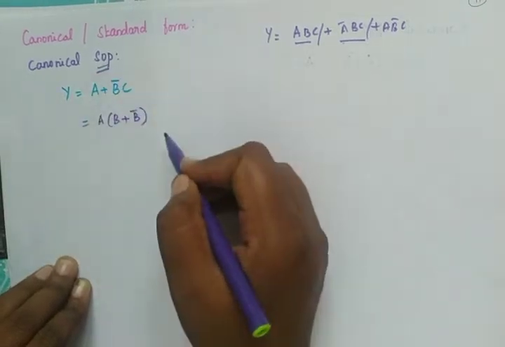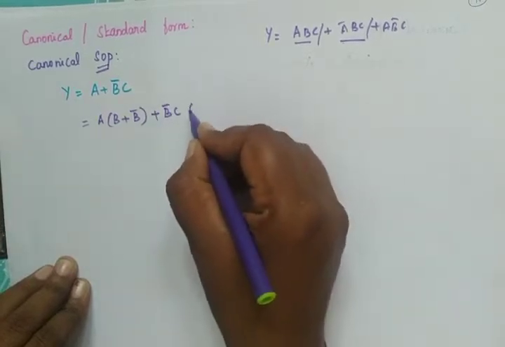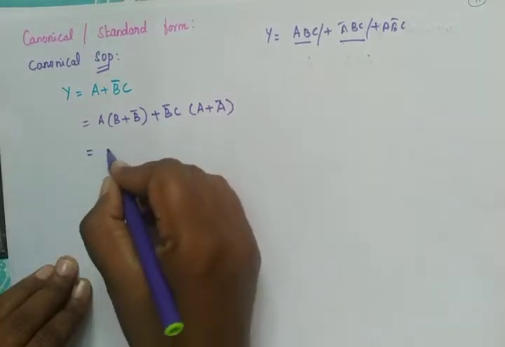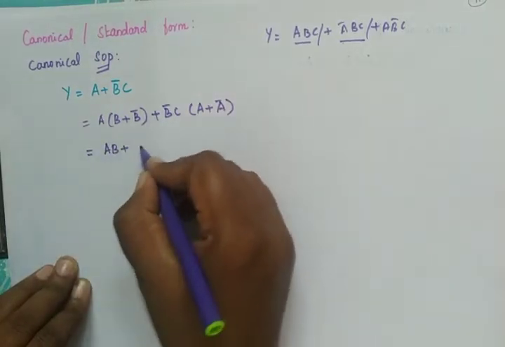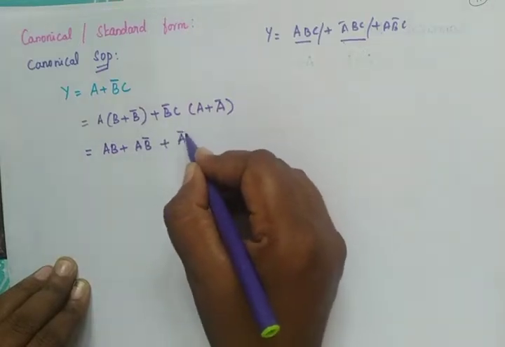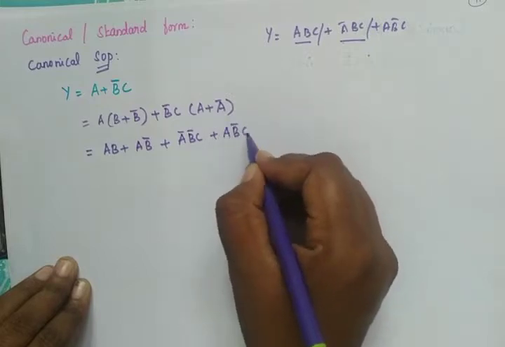If it is POS, that is different. Plus B'C into, here the missing term is (A + A'). Now multiply this: AB + AB' + A'B'C + AB'C.